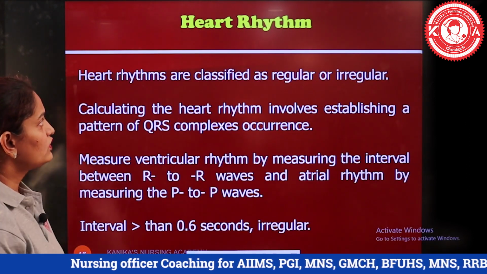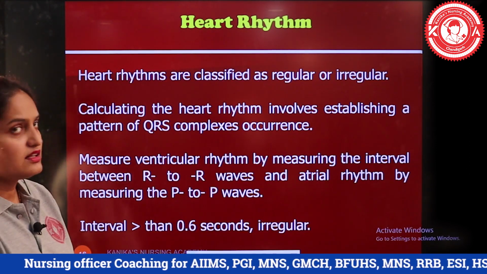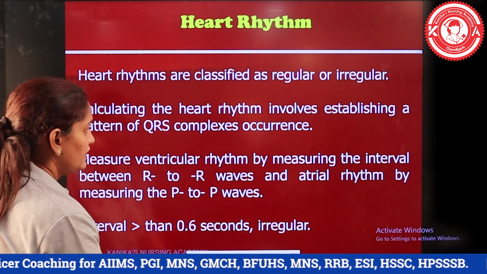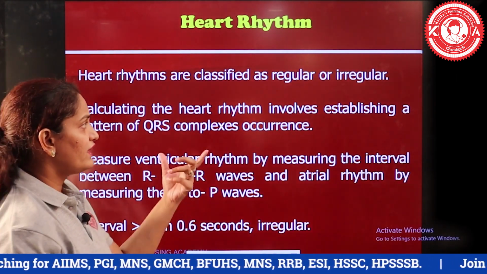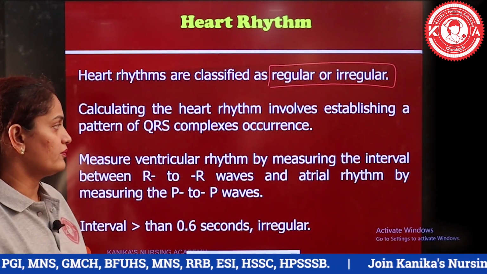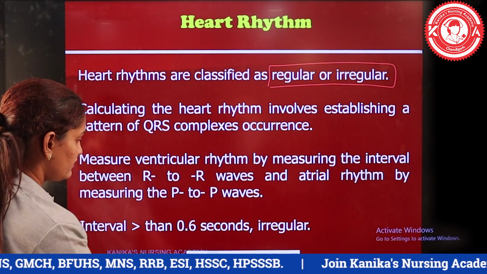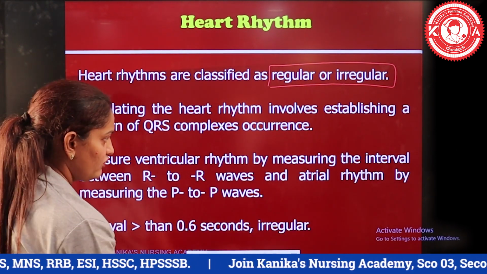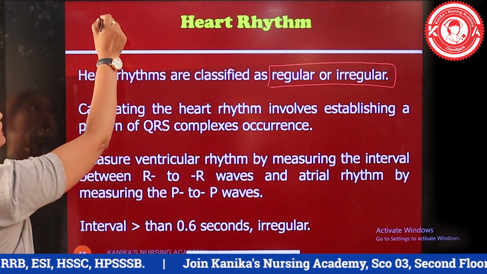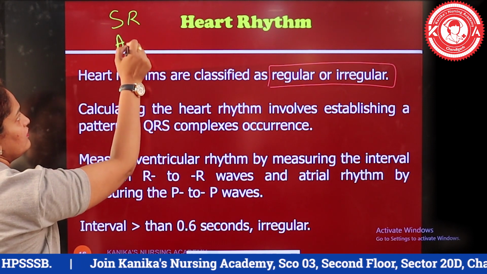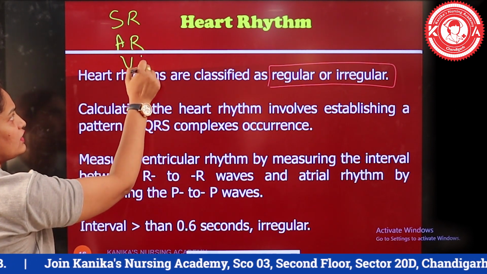Moving further to the second question, that is heart rhythm. Heart rhythm can be classified as either regular or irregular. If I go to the types of heart rhythm which we have, we have sinus rhythm, atrial rhythm, and ventricular rhythm.